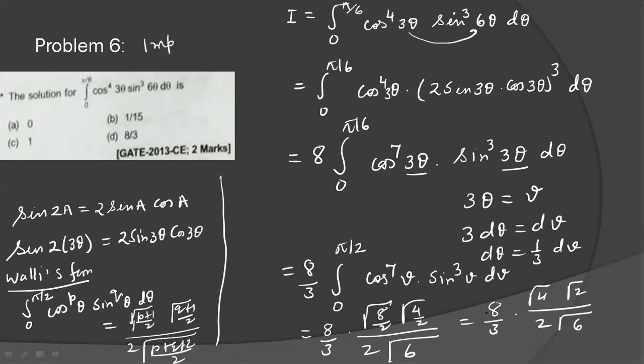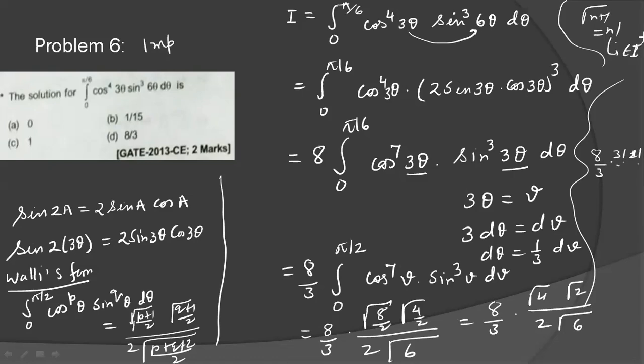And I told you when gamma is with a positive integer, it will break into the factorial function. So it will give you, I'm calculating here, 8 by 3 into 3 factorial into 1 factorial over, I'm using this result, gamma of n plus 1 equals factorial n if n is a positive integer, over 2 into factorial 5.